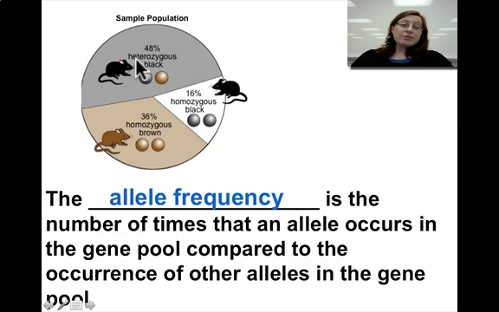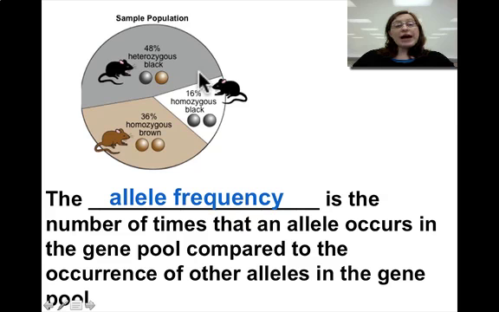When we look at the black mice, 48% of them are heterozygous black, 36% are homozygous brown, and 16% are homozygous black. Okay, so there are three different genotypes, two phenotypes, and there are two alleles that we have to look at.